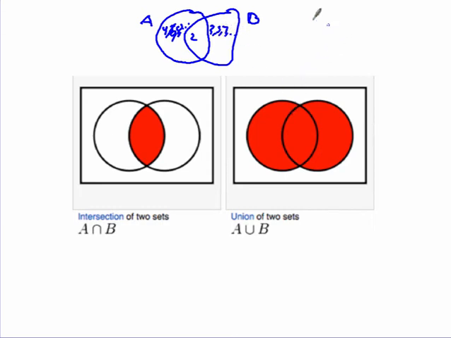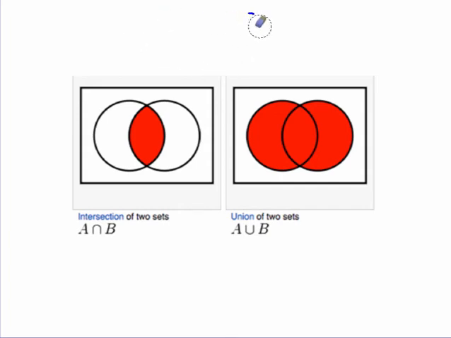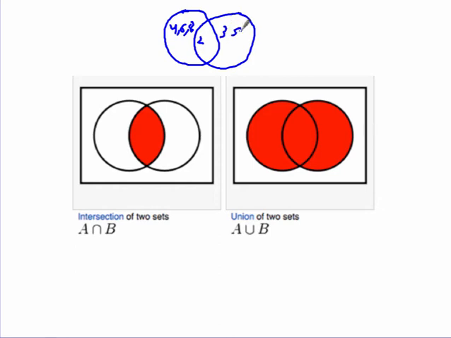Let's make it easy. Instead of putting those dots, let's just make it 4, 6, 8, 2, 3, 5, 7. This will make our lives a lot easier. We'll call this B again, and we'll call this A.